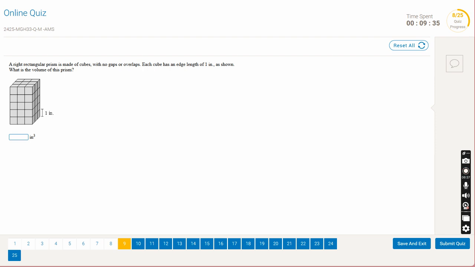Okay, here, whenever you have a volume, remember, so here it's a right rectangular prism made up of cubes with no gaps or overlaps. Each cube has an edge length of 1 centimeter shown. What is the volume of this prism? Now remember, whenever you're supposed to calculate the volume, it's length times width times height, right?